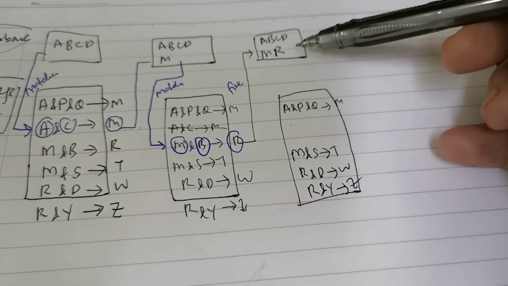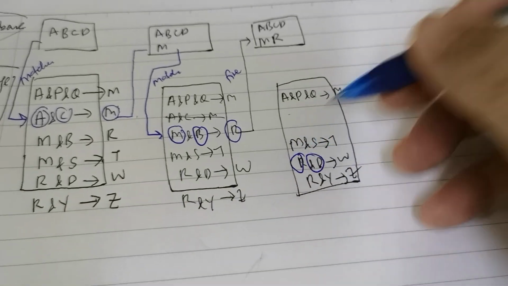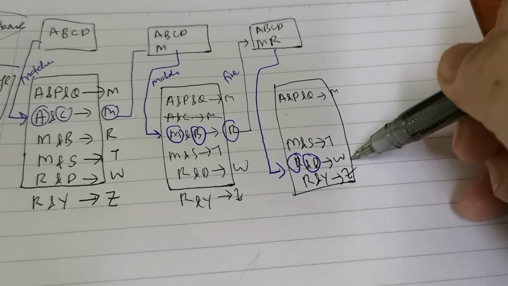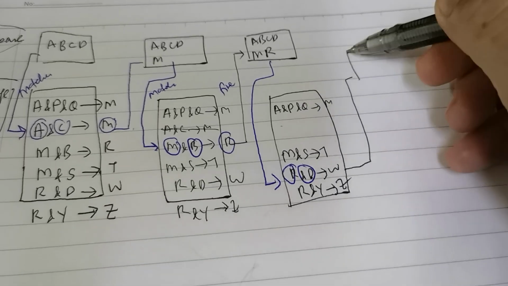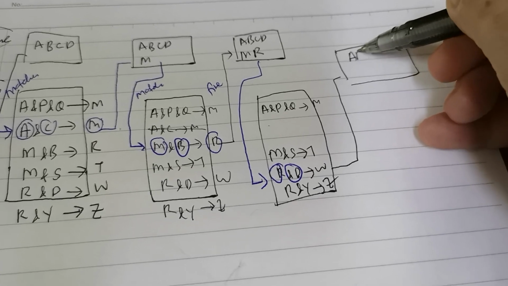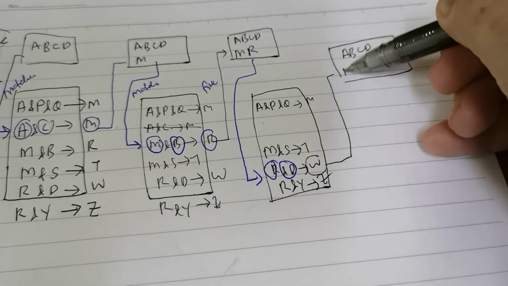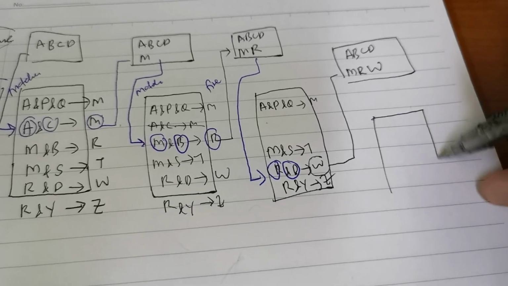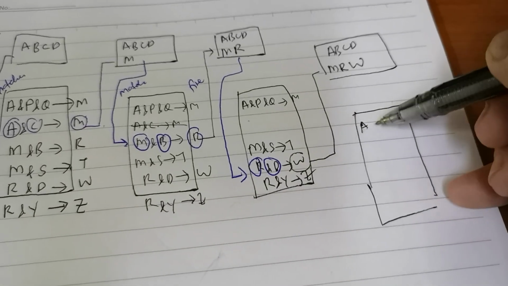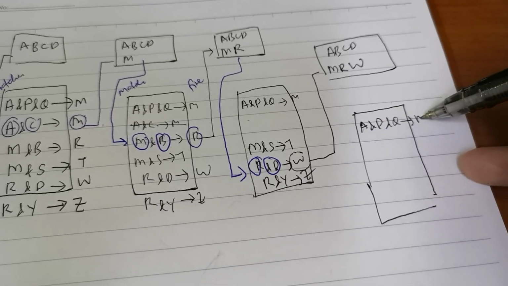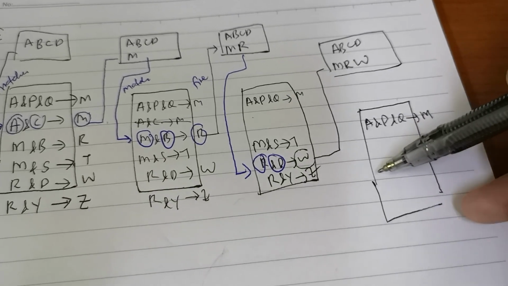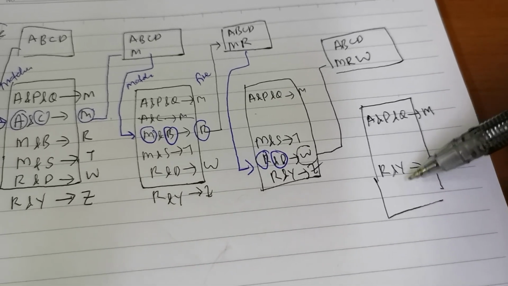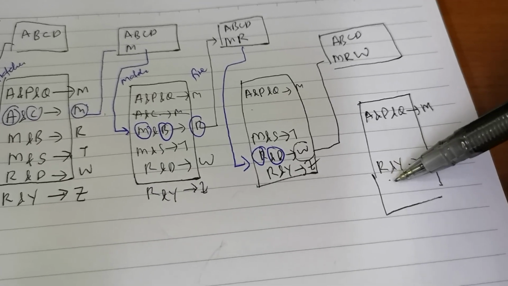R and D: yes, you have R, you have D. So this one matches, and then you have to fire the rule: R and D gives W. So you have M, R, and W. Then again A and P and Q, not there. R and Y, not there.